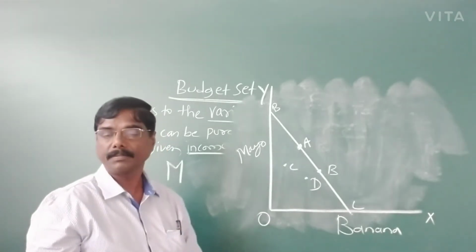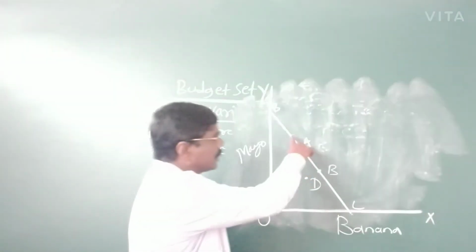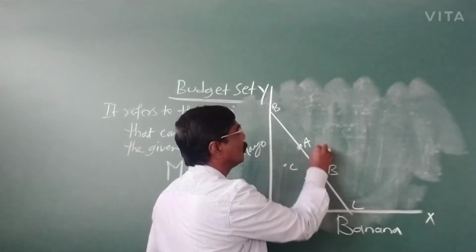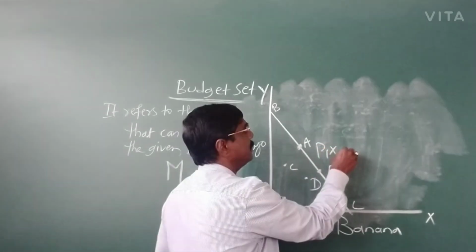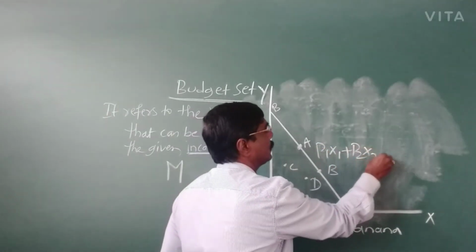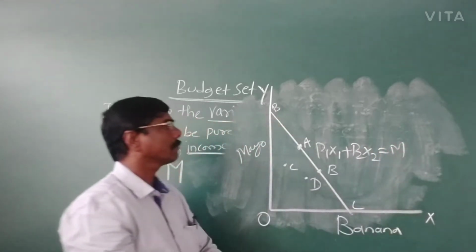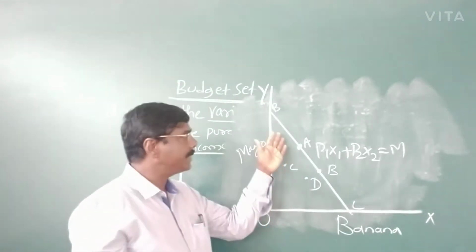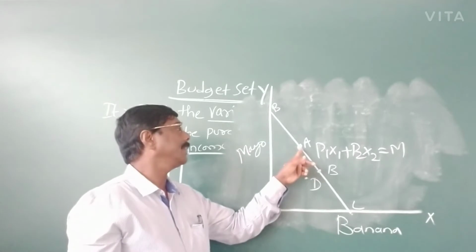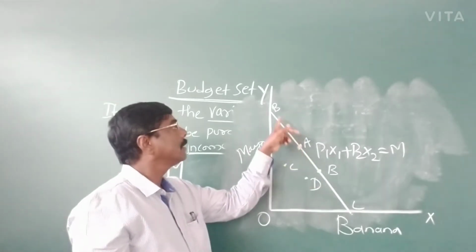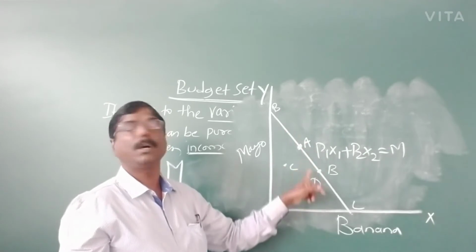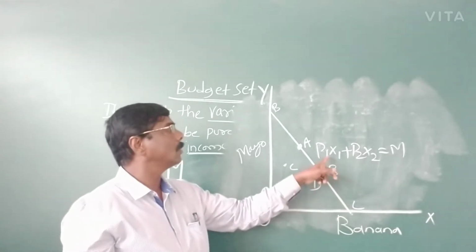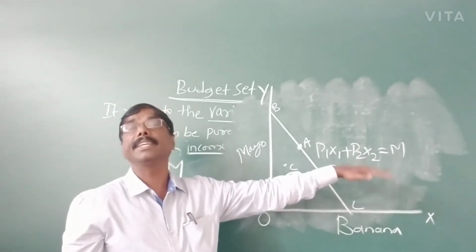So this budget line or income line is P1 X1 plus P2 X2 equal to M. If he buys combinations, say A or B, or any combination that lies on this line, it is equal to M. M means the income of the consumer.